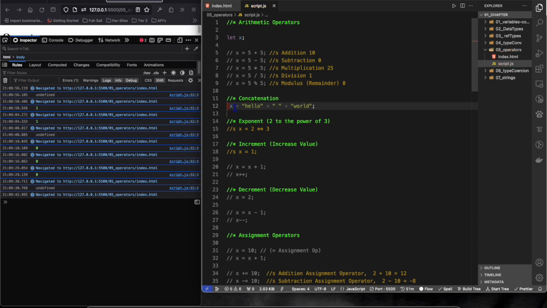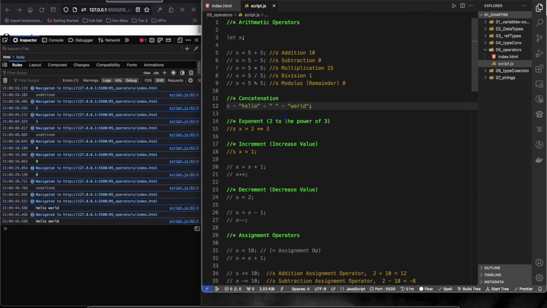So what we're going to do is essentially string hello world together from 2 strings. We're doing X equals a hello string plus, and then the quotes with a space, plus a string of world, to get hello world.